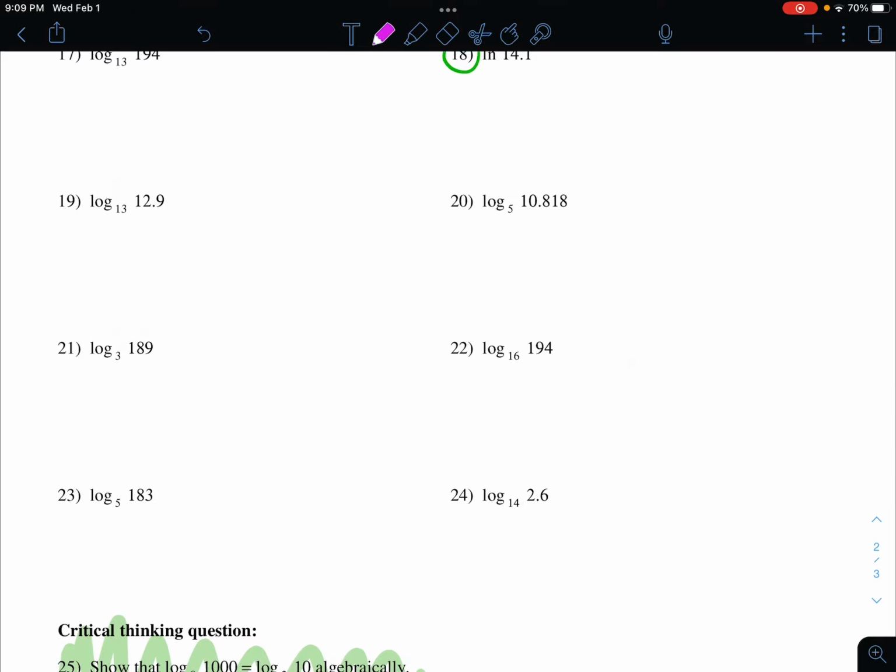So if I did number 22, for example, just to be random, that would be the log of 194 divided by the log of 16. That's what I'm typing in my calculator, rounded to 3 decimal places.